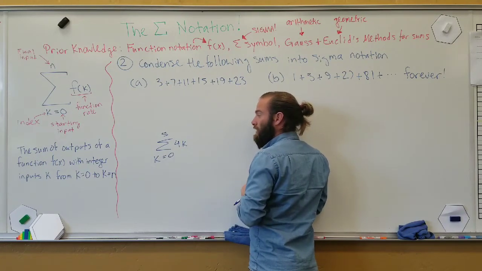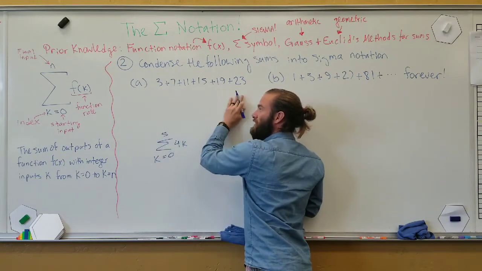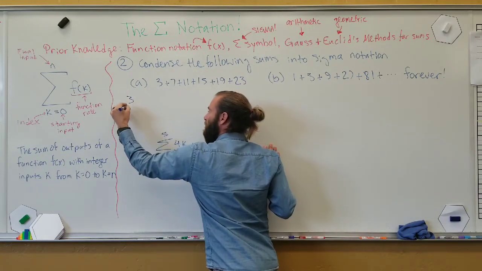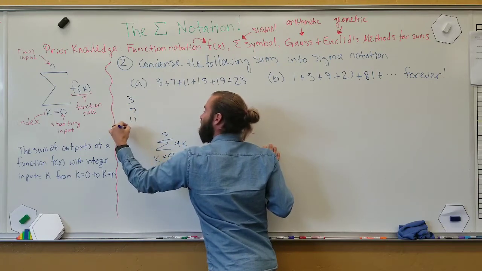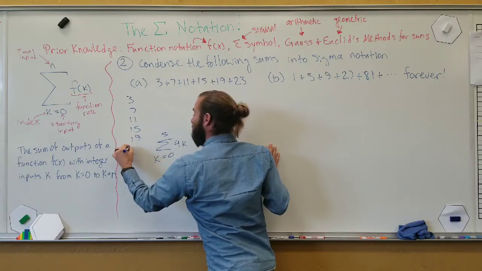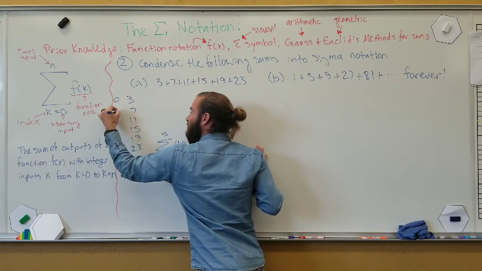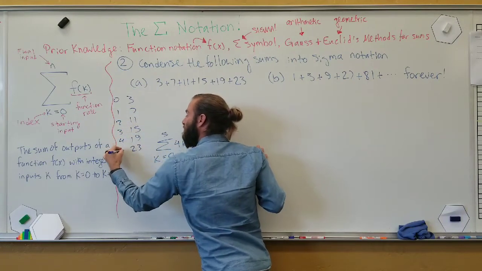Okay. So again, you could list this out and make a table if you want, and think of these like inputs, or outputs, excuse me, 3, 7, 11, 15, 19, 23, and just think of this as 0, 1, 2, 3, 4, 5.